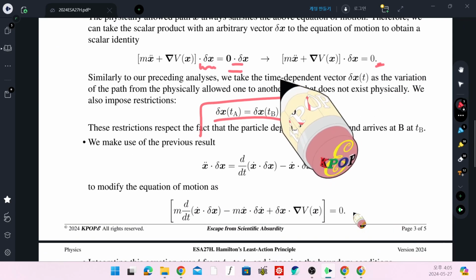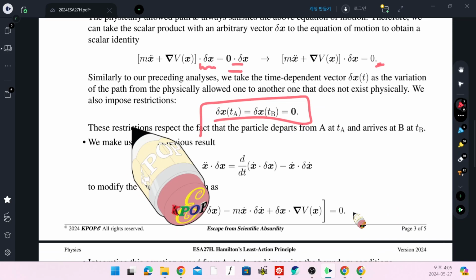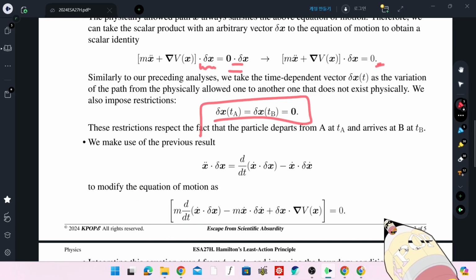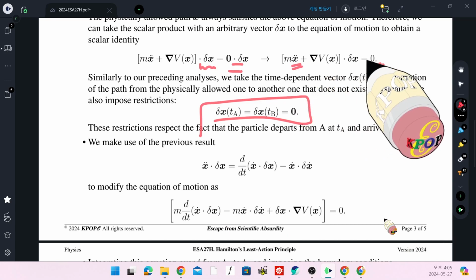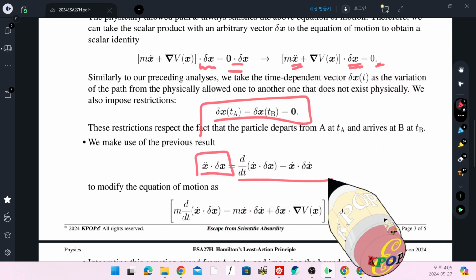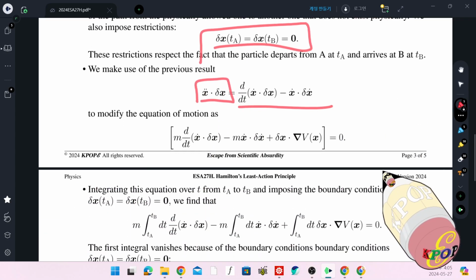So similarly to our preceding analysis for the free particle and the particle in the harmonic oscillator, we can rewrite the acceleration scalar product with the variation by applying the Leibniz rule.